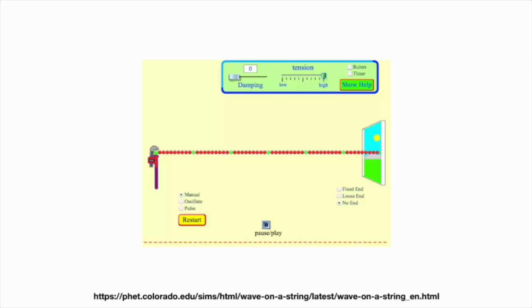And if I bring out the dreaded laser pointer, okay, we could follow this peak along, right? But we can also take a look at just one of the dots. Let's take a look at this blue dot that's kind of right here in the middle. If you just watch that blue dot right there, what's it doing?